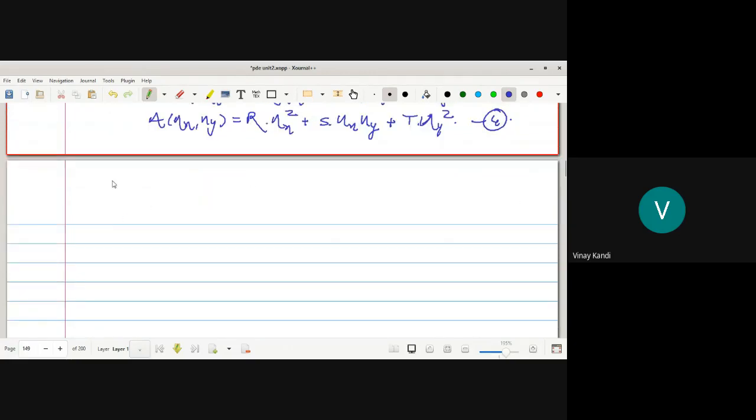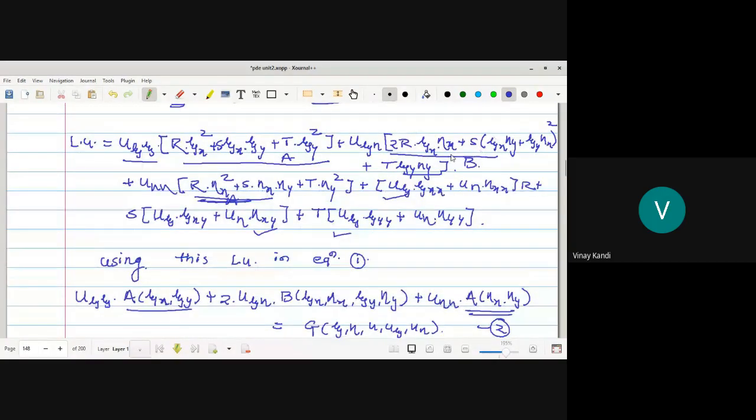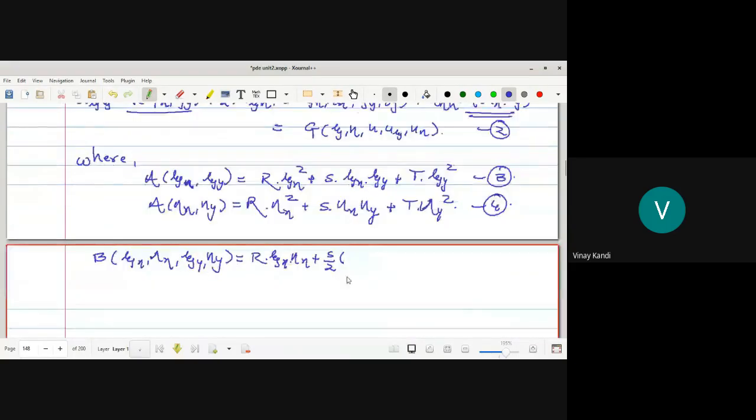And B as a function of psi x, eta x, psi y and eta y is equal to R into psi x eta x plus S divided by 2 into bracket (psi x eta y plus psi y eta x) plus T into bracket psi y eta y, after simplification.